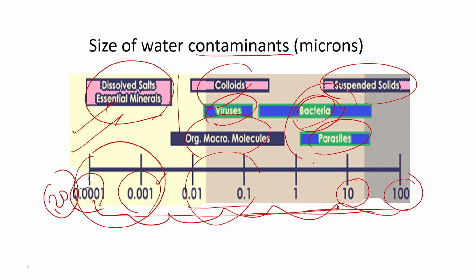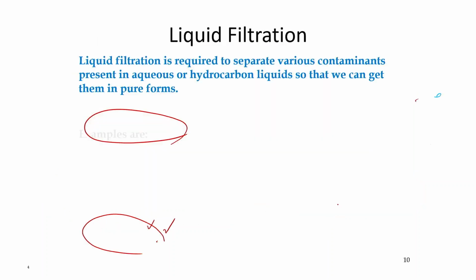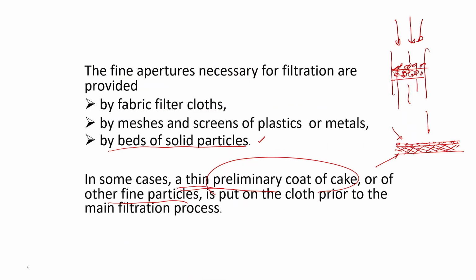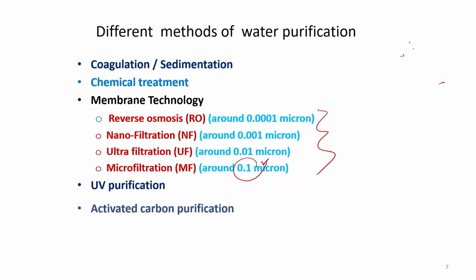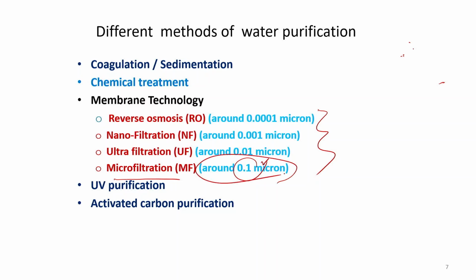So, bacteria size is 1 to 10 micron. Now, if we go forward, we can see even the microfiltration can take care of the bacteria. So, all the filters are suitable for removing the bacteria, but in air filtration the mechanisms are entirely different.